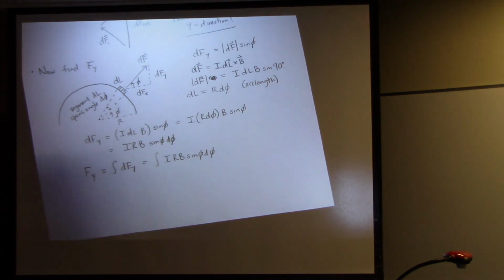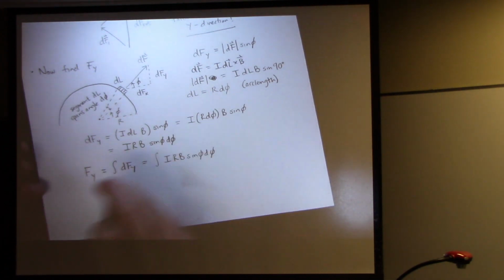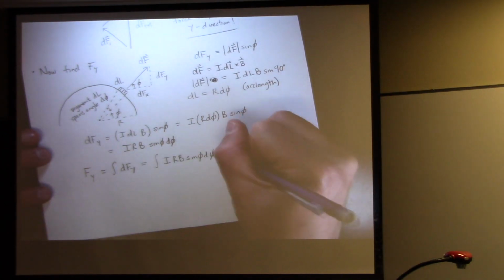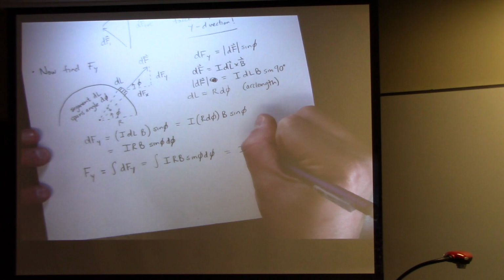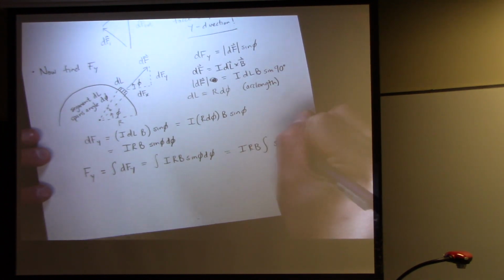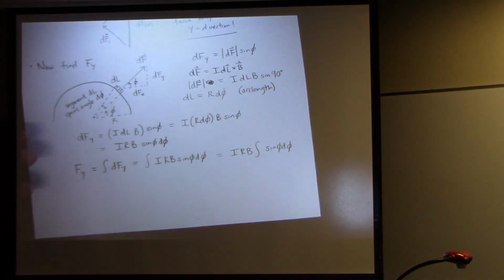But I have some constants I can immediately pull out, which are the current, which is I, the radius, which is R, and then the strength of the magnetic field, which is B. All of these things are constant. So IRB comes out, and then all we have is sine phi d phi inside of the integral left over.